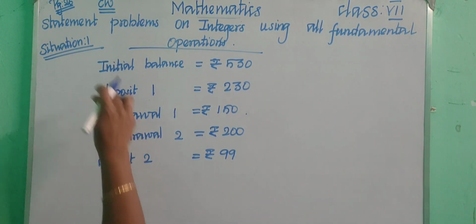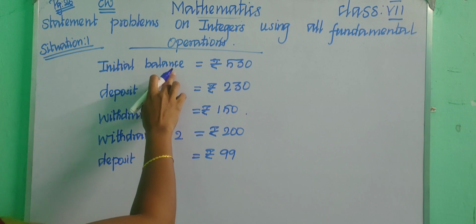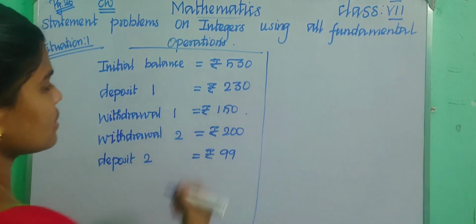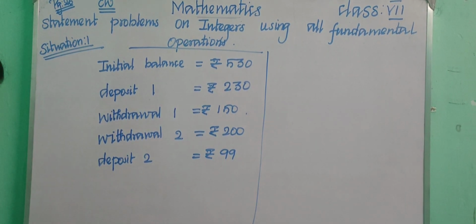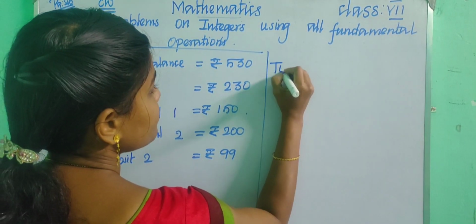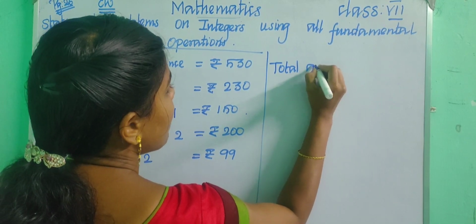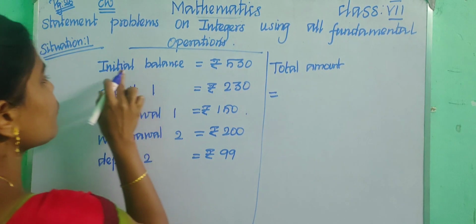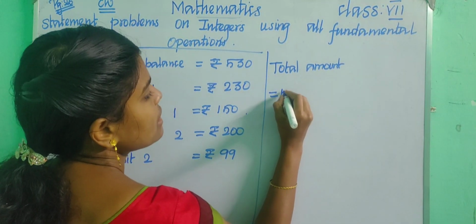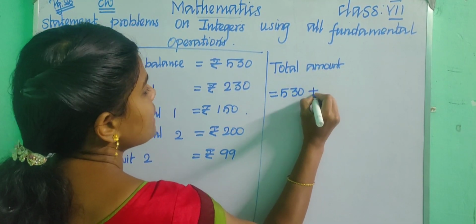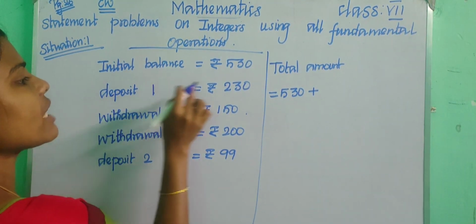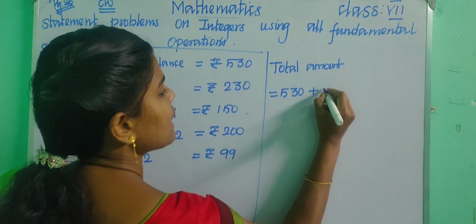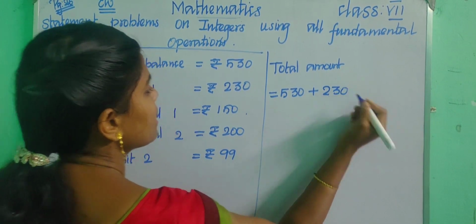So the initial balance he is having in the account, it is plus. Let us write the total amount equal to, so how will you write? First of all, the initial balance is plus rupees 530. Deposit means he is saving, so depositing rupees 230, we need to put plus 230.